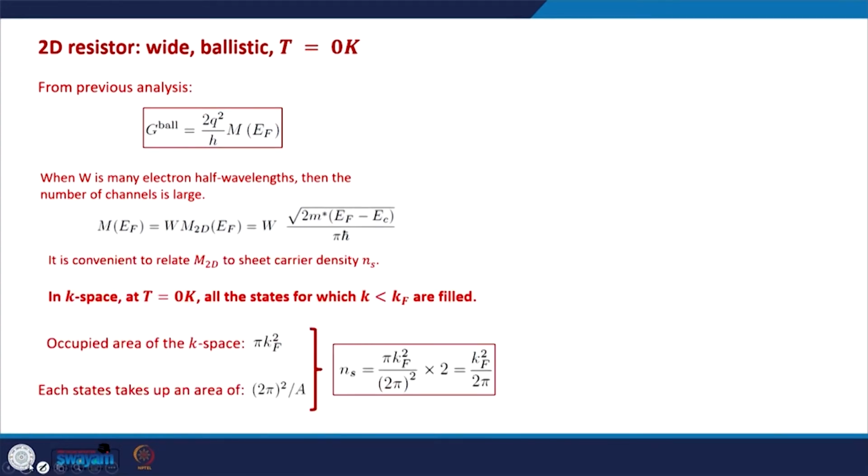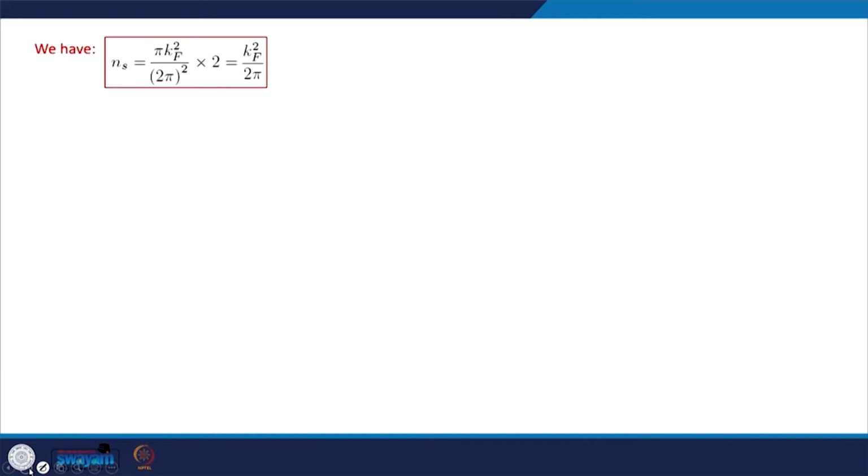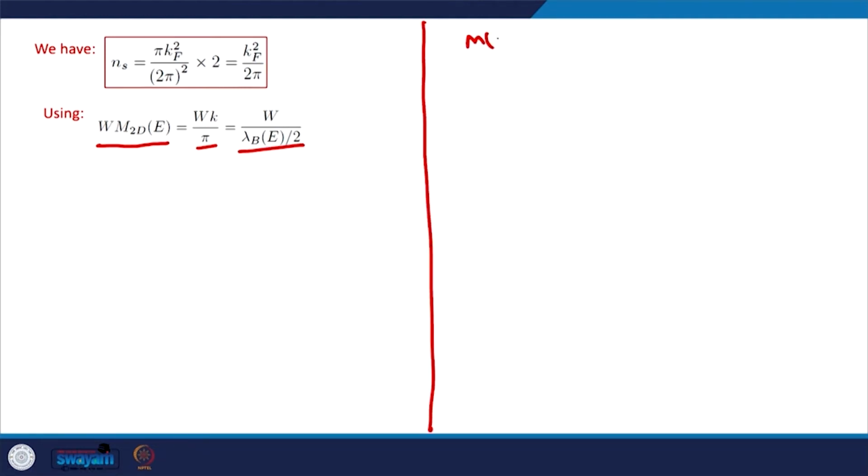And if we use this expression for a 2D conductor, which is essentially the number of modes in a 2D conductor, W times M2D(E), also written as W times K divided by pi, or W divided by lambda b by 2, where lambda b is the de Broglie wavelength of the electrons.